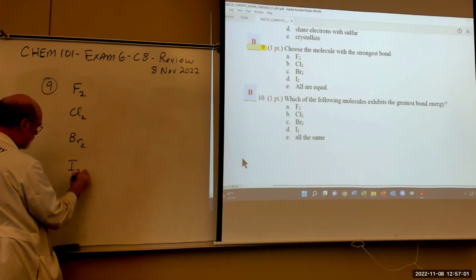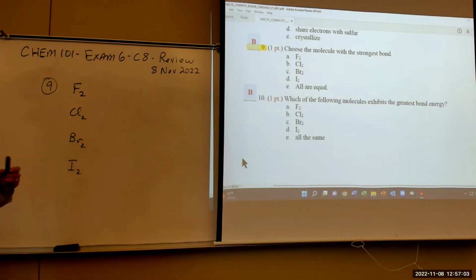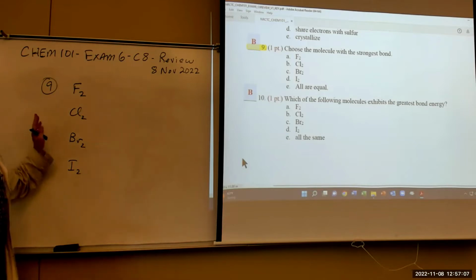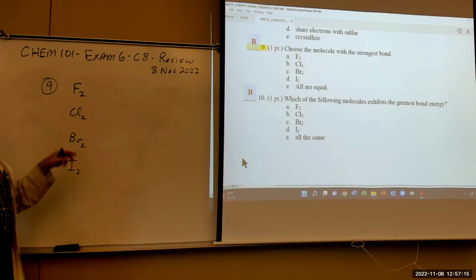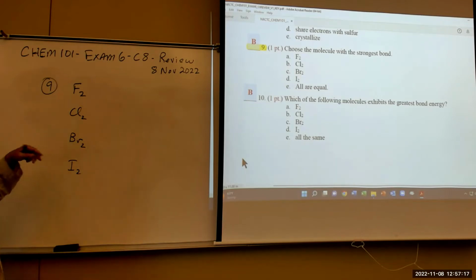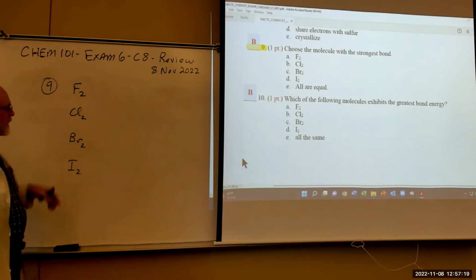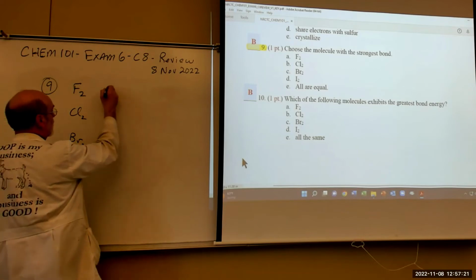Right? That's one of the first things we learned when we were learning the elements: at 1 atmosphere pressure and room temperature, they're always diatomic. So if a word problem comes up and says you react chlorine with something else, you know to write it Cl2. But now we're talking about the bond that holds them together, and they're all single bonds.